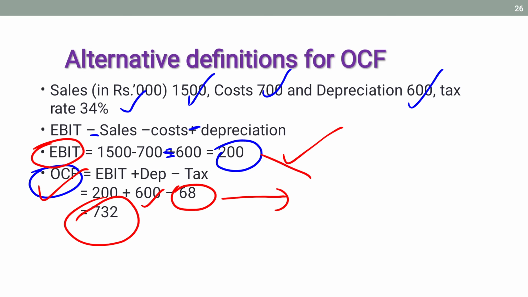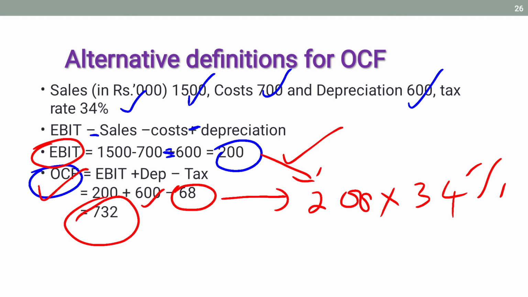Because you have found EBIT 200, earnings before interest and tax, times tax rate 34%, that is equal to 68.